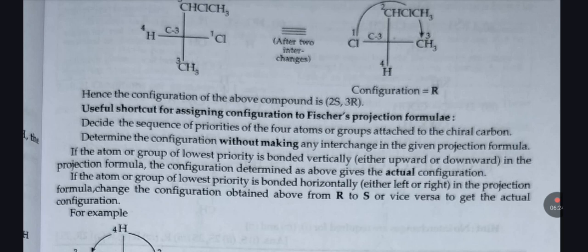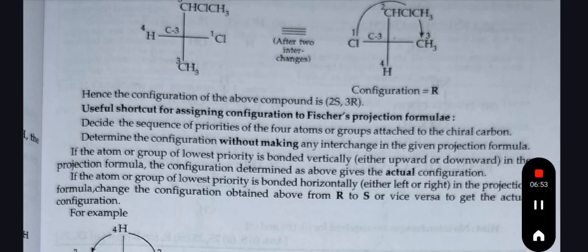If the atom or group of the lowest priority is bonded vertically, either upwards or downwards, the configuration determined as above gives the actual configuration. If the atom or group of lowest priority is bonded horizontally, either left or right, change the configuration obtained above from R to S or vice versa to get the actual configuration.